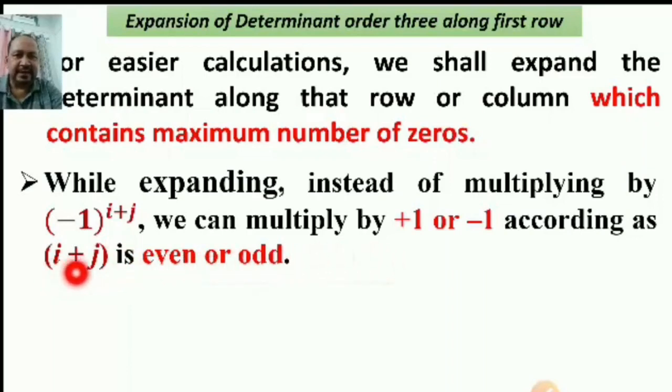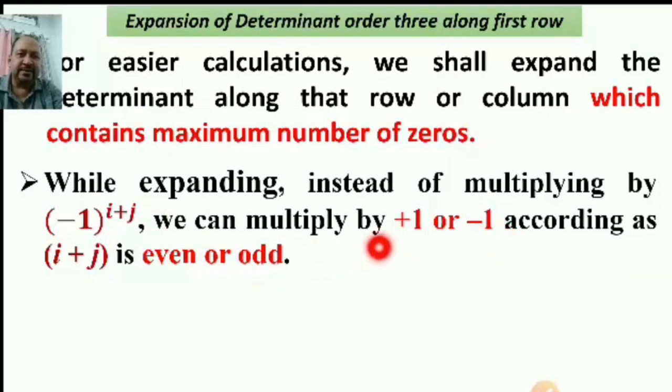As I told, if i plus j means 1 plus 1, it makes 2, and -1 to the power 2 means the sign of the term will be positive. And suppose the ith row and jth column are the first row and third column, then it will be 1 plus 2, it makes 3, -1 to the power 3, it means it will be -1.